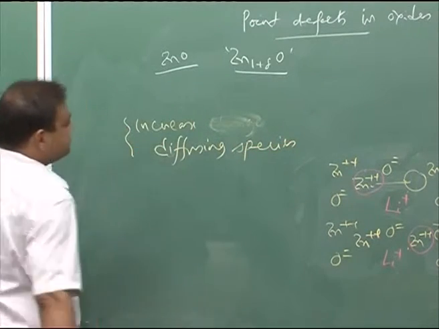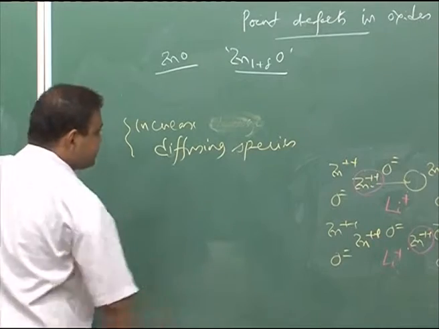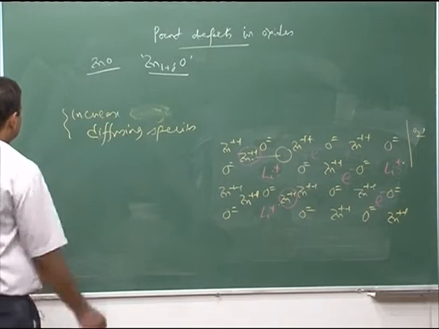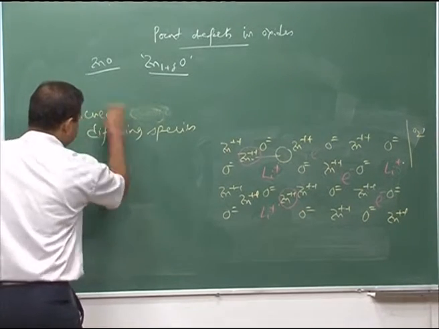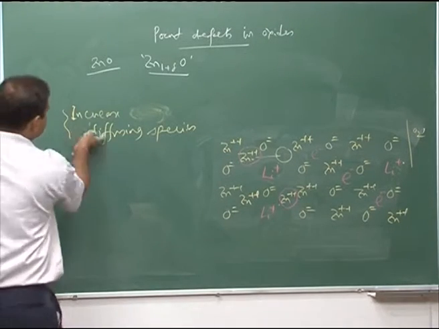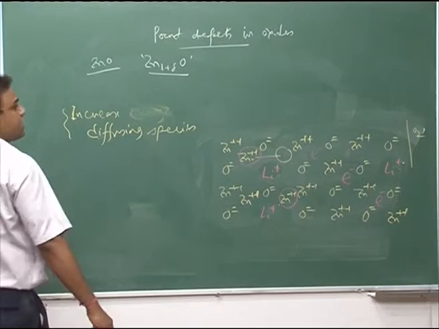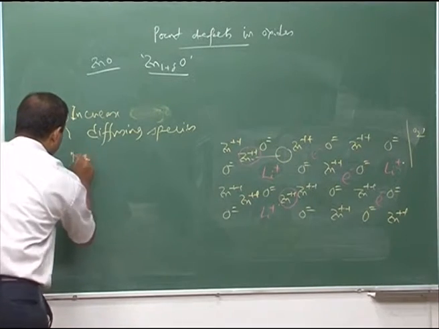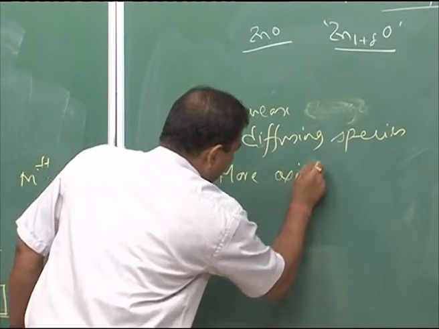So, if we have increased diffusion species, of course, there is a decrease in charge carriers, but the diffusion is basically taking place via this interstitial diffusion. So, if we have increased diffusing species, there would be more oxidation.